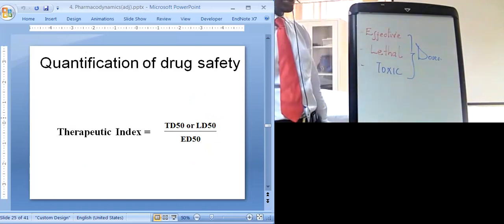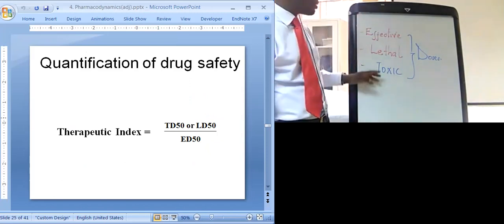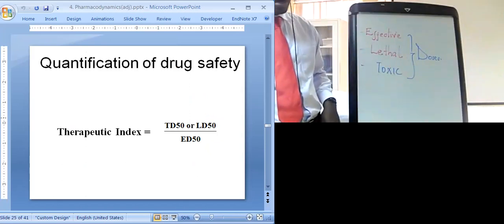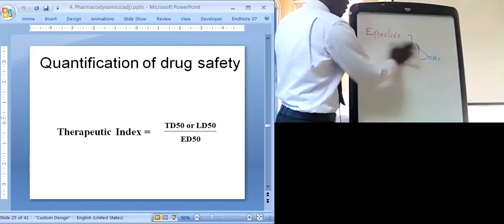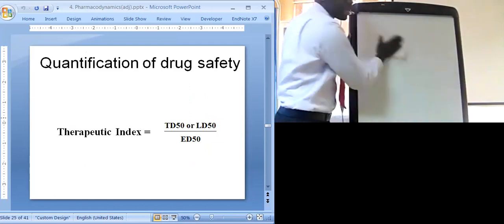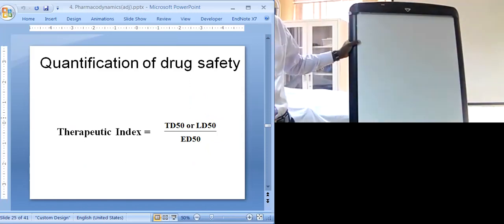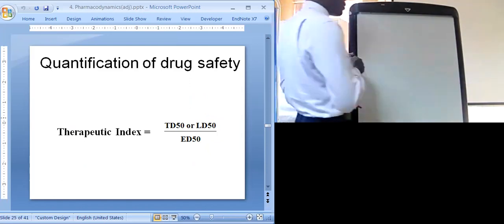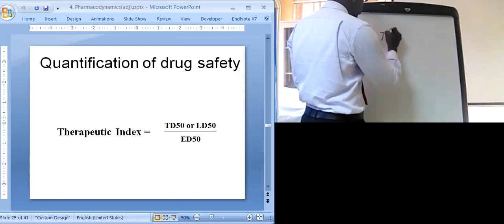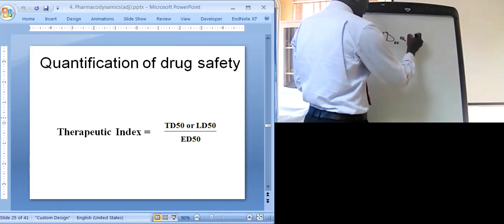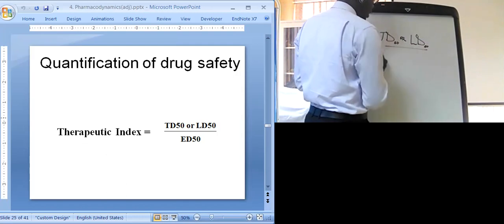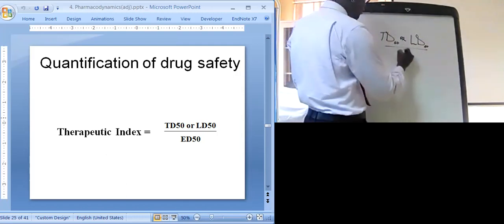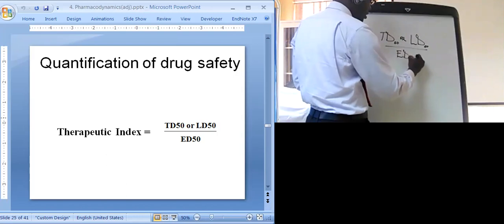As you can see in that diagram, the therapeutic index is given by toxic dose 50, or lethal dose 50, divided by effective dose 50.